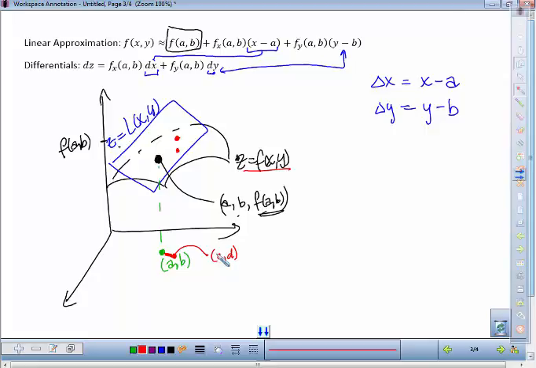So the idea is that you're sitting at the point AB and then you move to a different point CD. What we're going to account for is a movement in the X and a movement in the Y, which we'll call delta X and delta Y. These movements are in the differential, sometimes denoted as dx and dy.